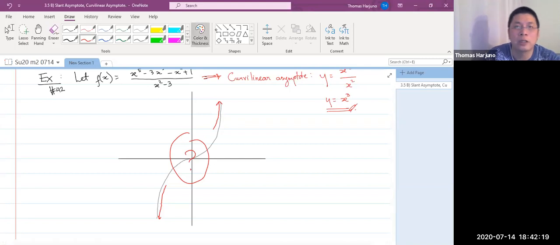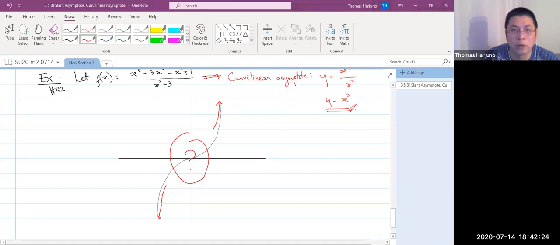Now, let's see what the graph looks like if we graph it.